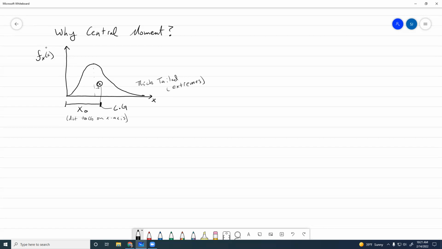This is in statics, right? You guys see this in statics? Oh yeah, like centroid. So this is center of gravity, centroid. And then the generic definition for a centroid in the x direction is equal to the integral of x times whatever that function is, dx, divided by the integral of the function itself.